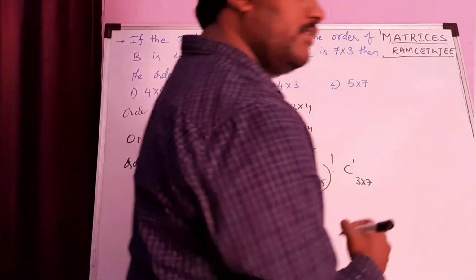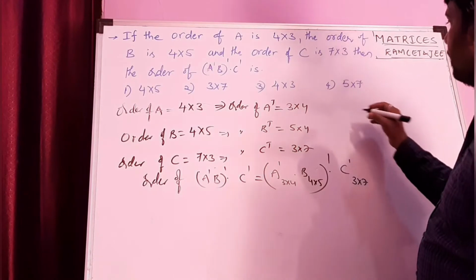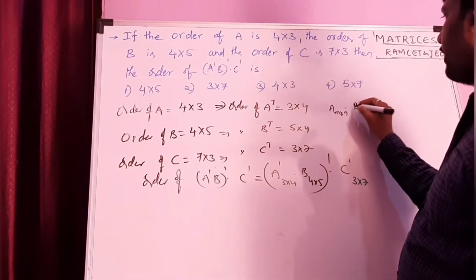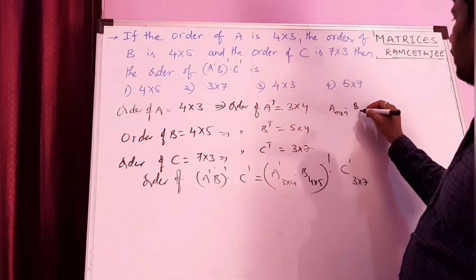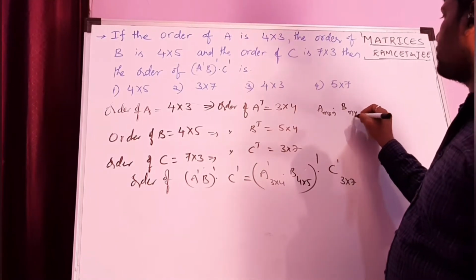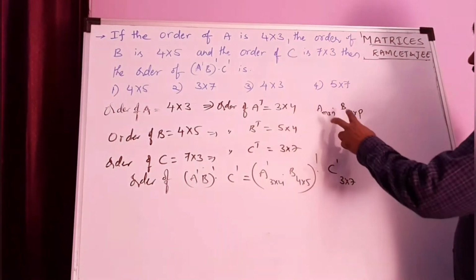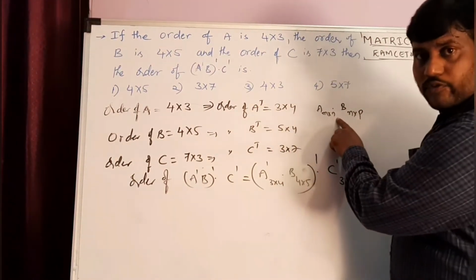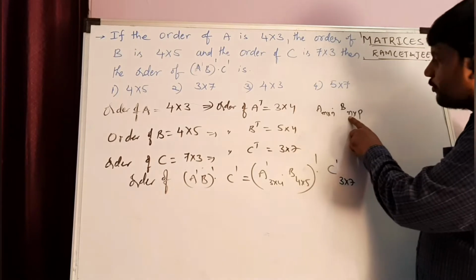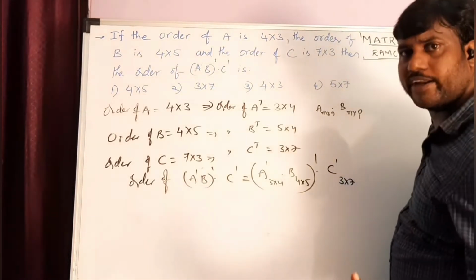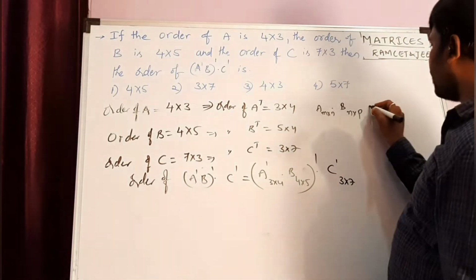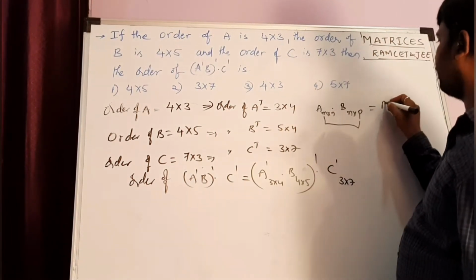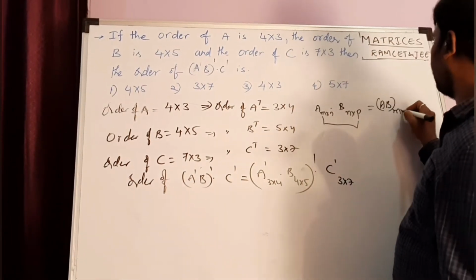Now we know that matrix multiplication is possible based on order. Whenever you want to multiply any two matrices, the number of columns of the first matrix should be equal to the number of rows of the second matrix. Then only matrix multiplication is possible. The result will have the number of rows of the first matrix and the number of columns of the second matrix.